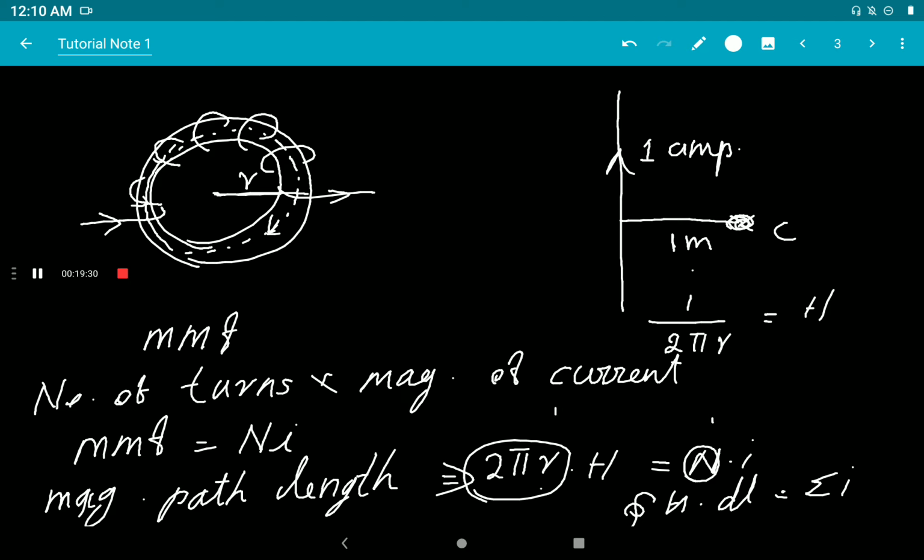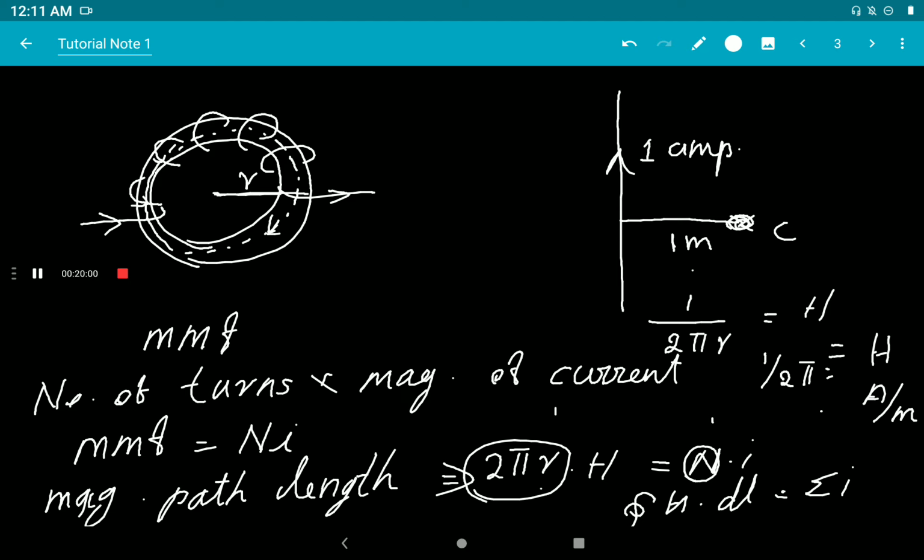So 1 by 2 pi is equal to H, and the unit is ampere per meter.